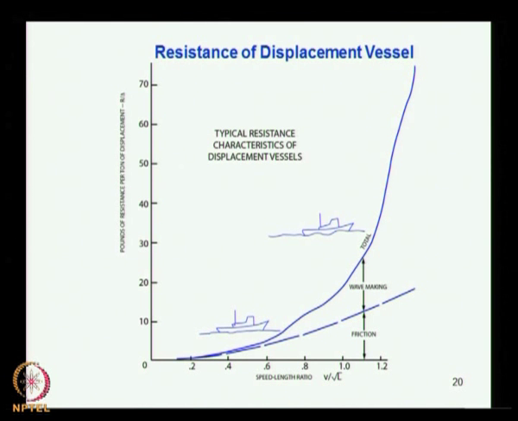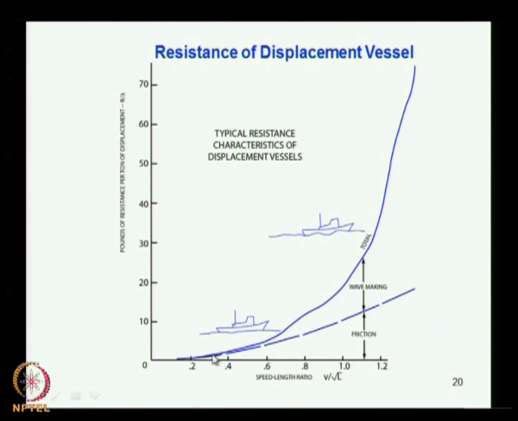This is a comparison for a displacement vessel. You can see resistance against the speed, here speed length ratio. Just to give an indication of the major two components which we discussed as part of resistance, friction and wave making, here you can see how these components matter depending on speed.